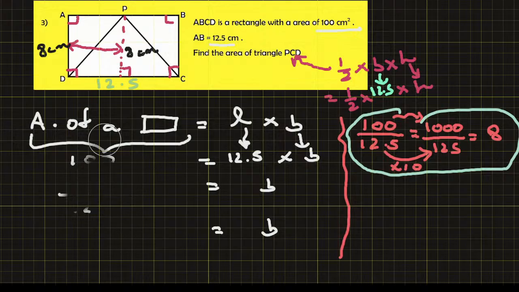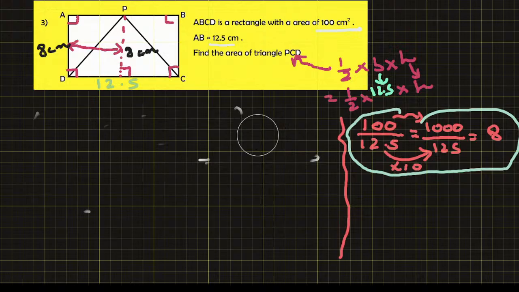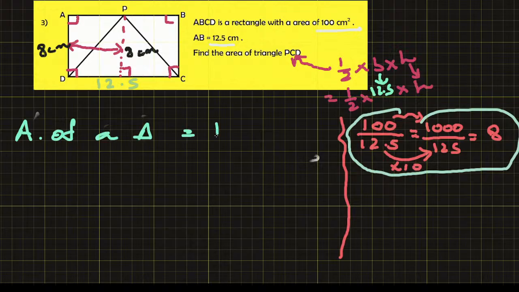Now it's just a matter of writing the formula once again. The area of a triangle equals half into base into height.